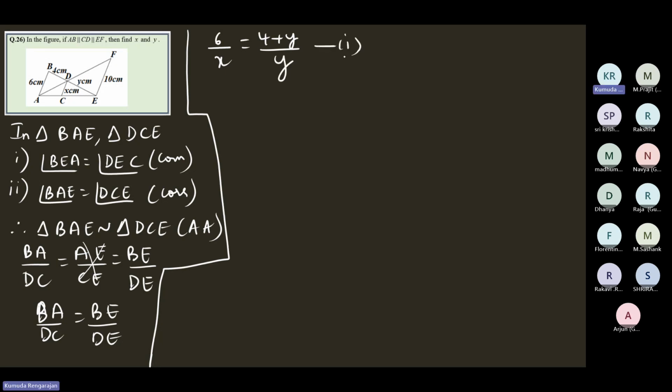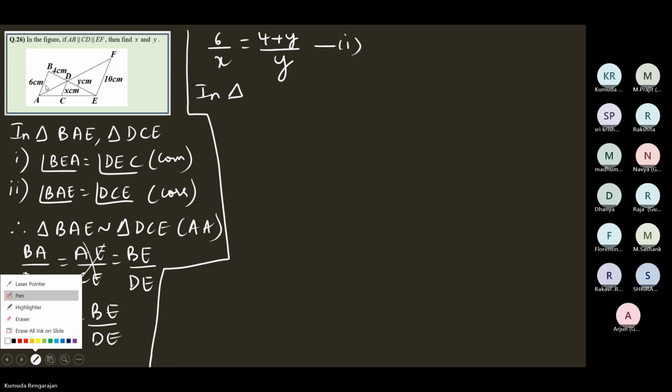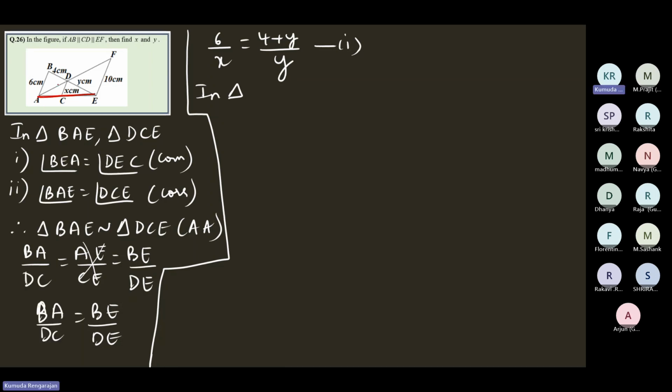Okay, so that's 1. Now, the big triangle, and inside that we have ACD.